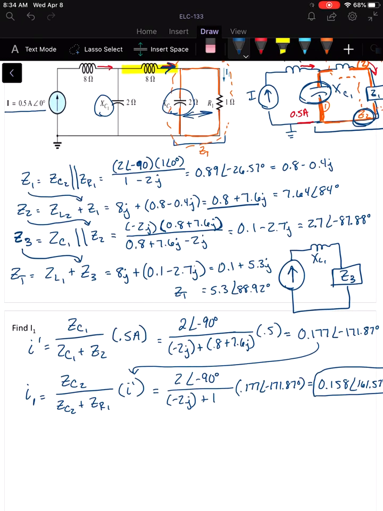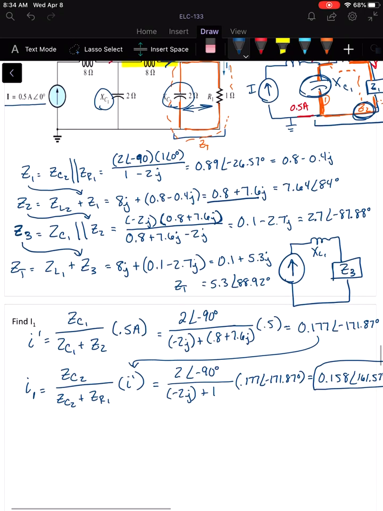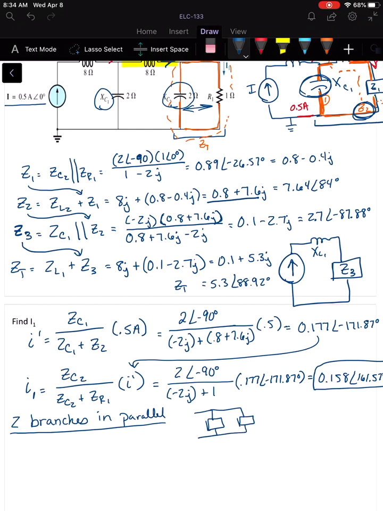So review your equations. For instance, when you have 2 branches in parallel, let's say we've got Z1 and Z2. If you're looking for ZT, you can do a product over the sums, Z1 times Z2 over Z1 plus Z2.